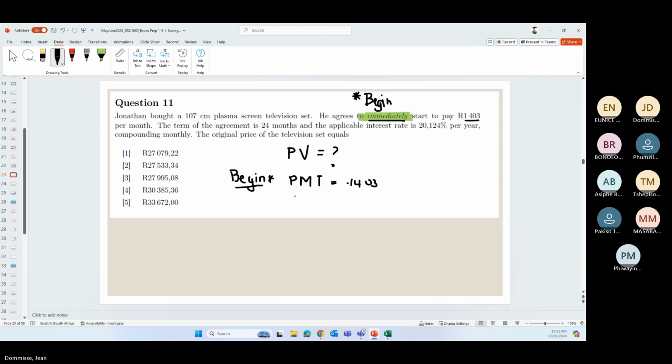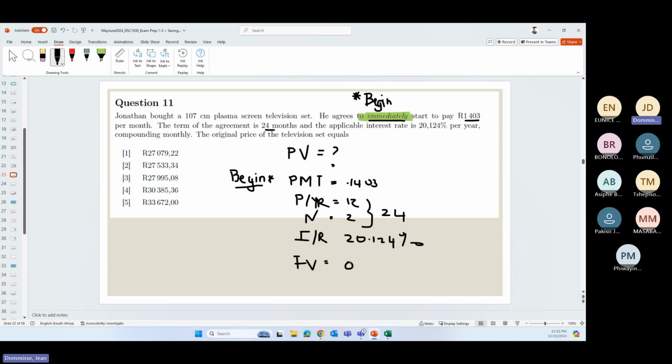The period agreement is 24 months, so we know it's 12 times a year, so n will be equal to 24. Our interest is massive, 20.124%, and paying it off, so future value is 0.